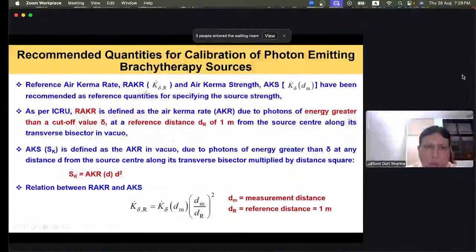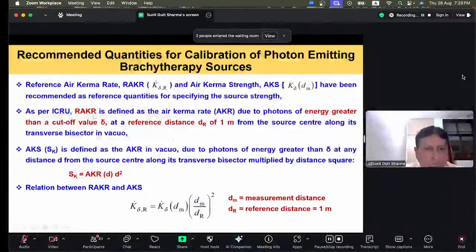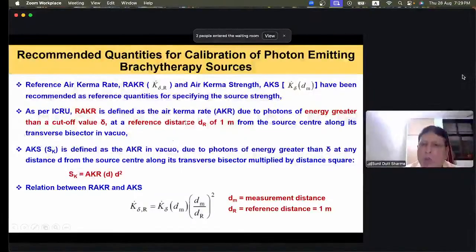Accordingly, you have to choose the value of delta, that is the cutoff energy, for air kerma rate or air kerma strength measurement. As per the ICRU definition, RAKR is defined as the air kerma rate due to photons of energy greater than a cutoff value delta of about 5 or 10 keV at a reference distance d_R of 1 meter from the source center along its transverse bisector in vacuum.